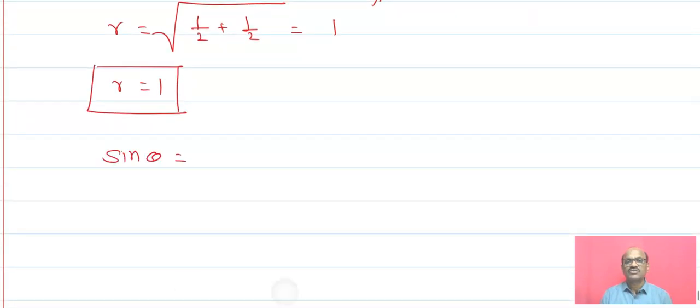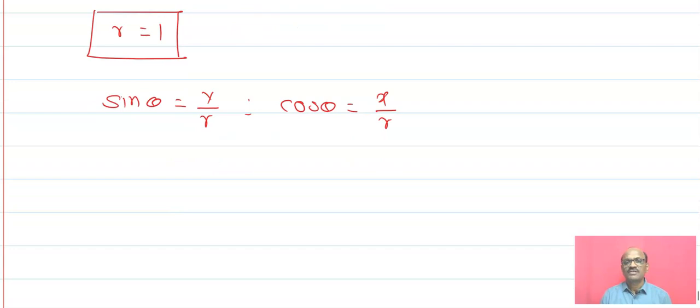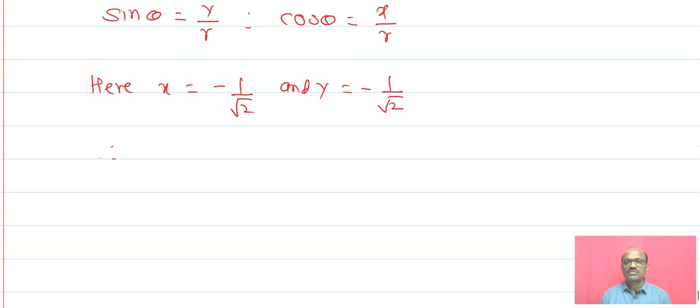Sin theta is equal to y upon r, and cos theta is equal to x upon r. The value of y is minus 1 upon root 2, and r is 1.